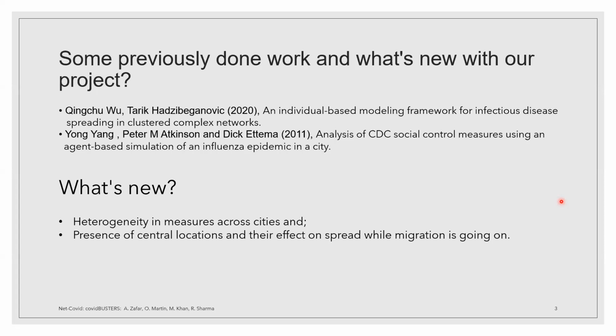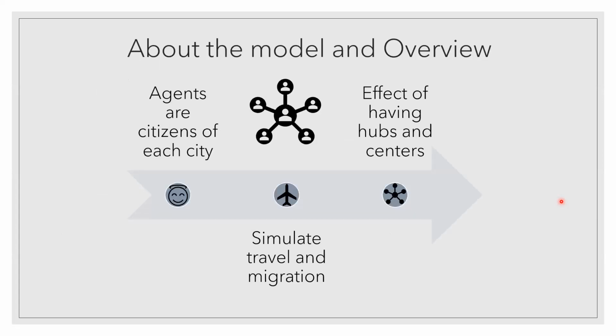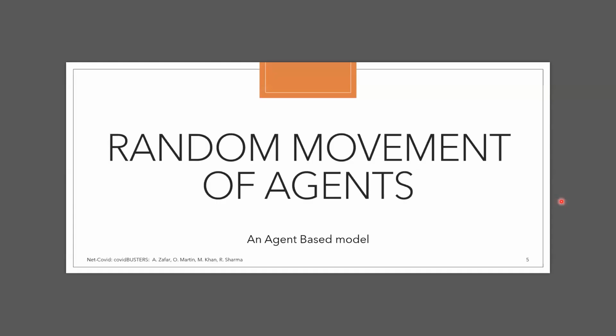Yeah, thank you, Mubashir. So let's talk about our model first. In our model, we use the citizens of each city as agents, and we simulate travel in two ways. The first way is a 2D random walk, so it's a random movement of agents, and the other way Owen will soon talk about. In this simulation, you can see the red dots represent the infected individuals, the blue dots represent the susceptible, and the green represents the removed population.